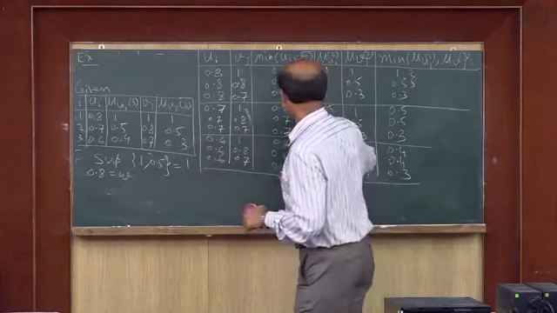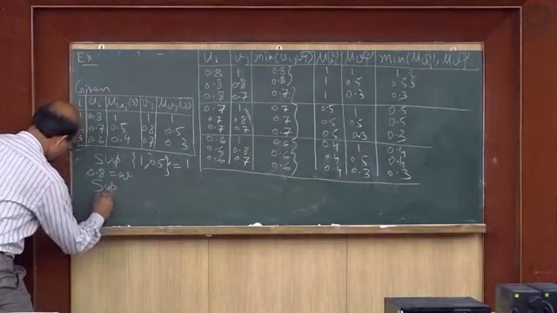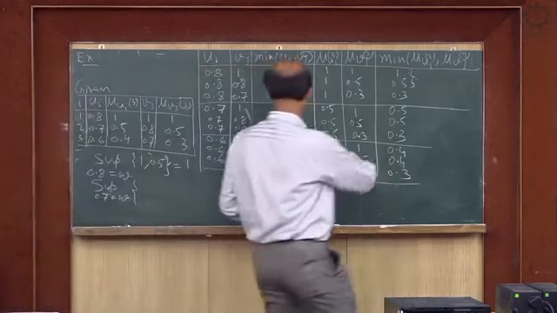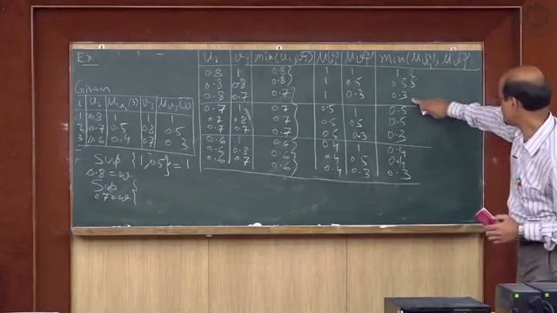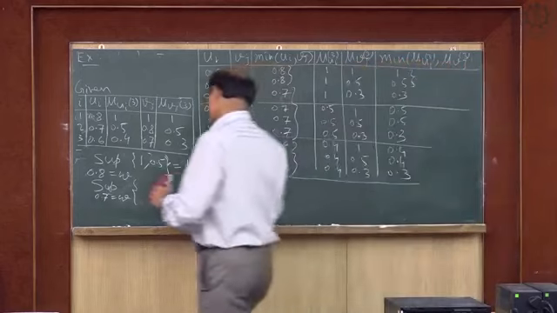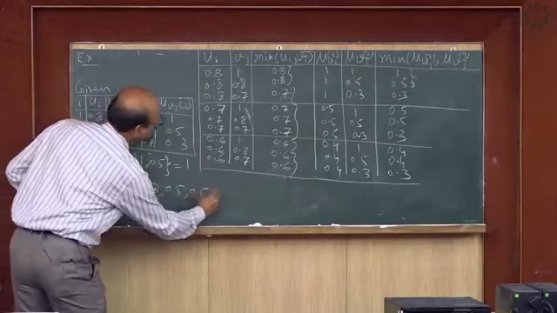Okay? Similarly, I have 0.7, sup 0.7 is equal to W, and see what are the values: 0.3, 0.5, 0.5, 0.3, 0.5, 0.5, 0.3.